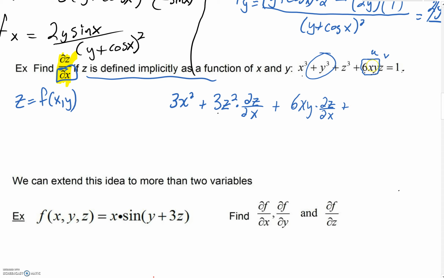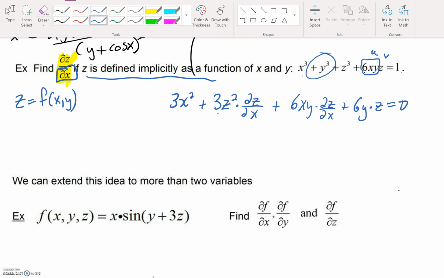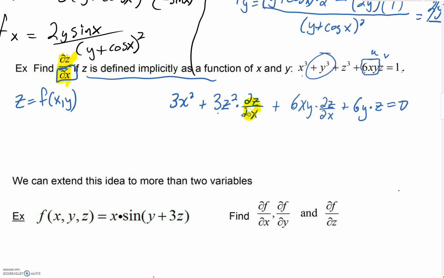Then you need your u prime. What's the derivative of 6xy? That's just going to be 6y times z. And I hope you can see very quickly that we've got two partials of z with respect to x.